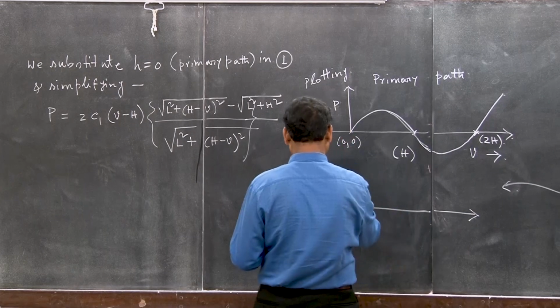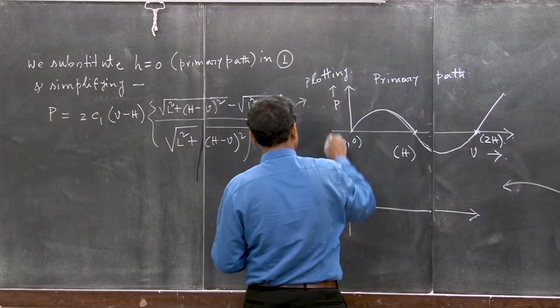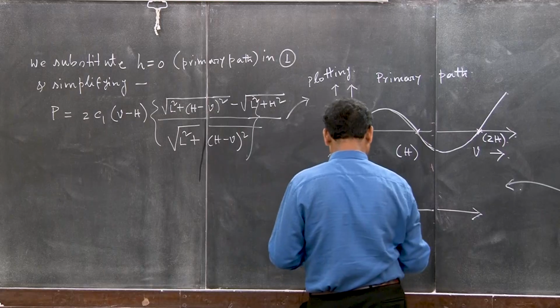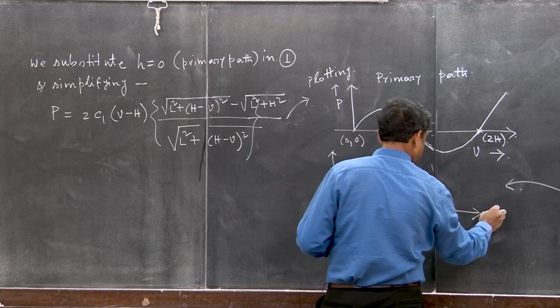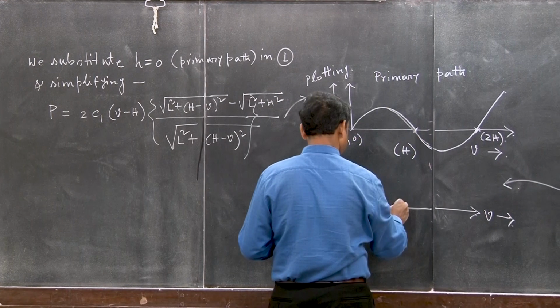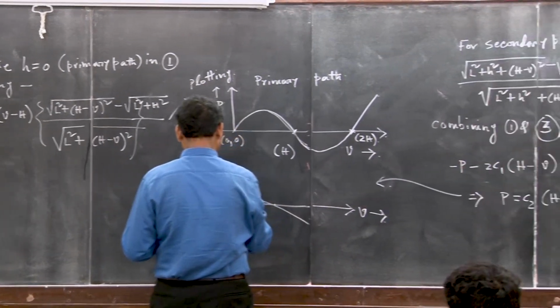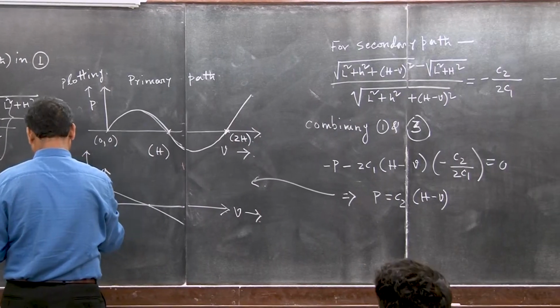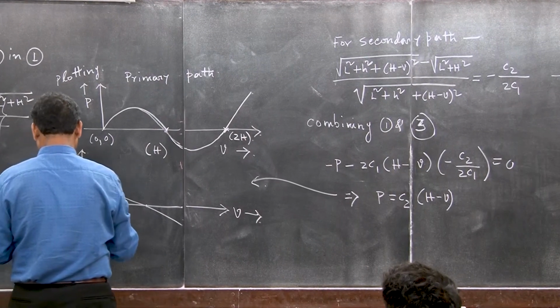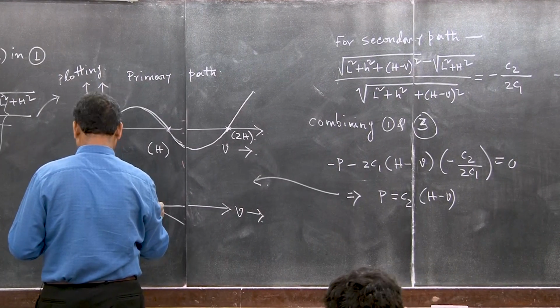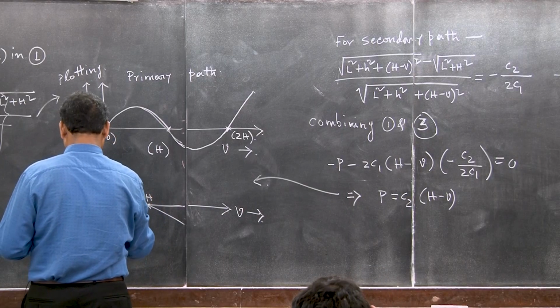P is equal to this, and here it is P, and here it is V, it will go like this. So, it is C2 capital H, and then here it is basically H. Okay. This is 0, 0.